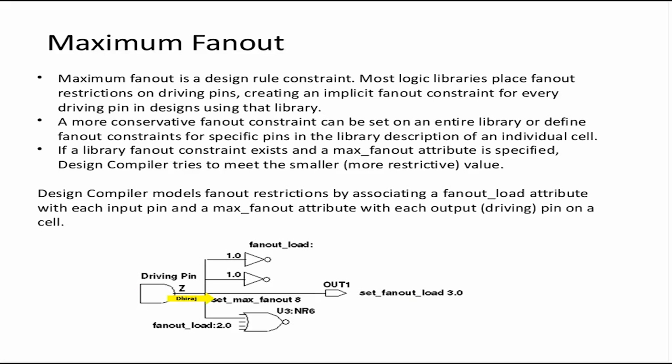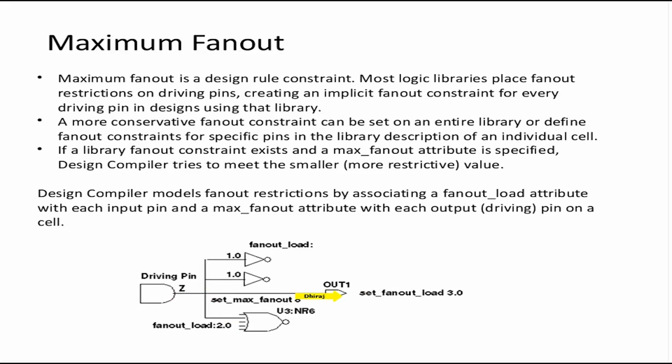It could be directly coming from the library, but in this example, the designer specifically sets the set max fan out to be 8 for the pin Z. Now, what DC would do is it will sum up the fan out load presented by the fan out, that is 1 plus 1 plus 2, 4, plus 3, 7, and make sure that the combined fan out load of all the input pins that Z drives is less than the max fan out. So max fan out is given to be 8, the sum is 7, so the constraint is met.